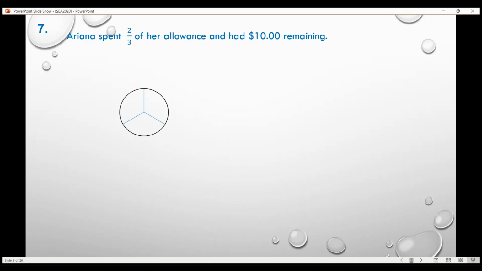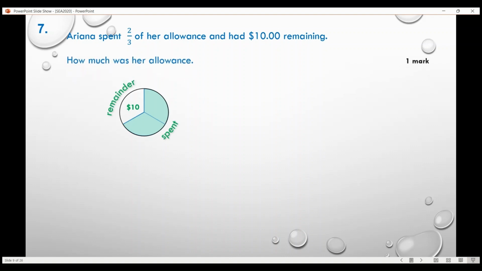She spent 2/3. So we take the circle and make a little sketch and split it up. What we know is she spent 2/3, 2 parts. So we'll put that as spent and had $10 remaining. So the remainder is $10.